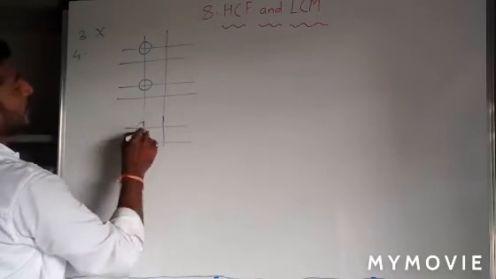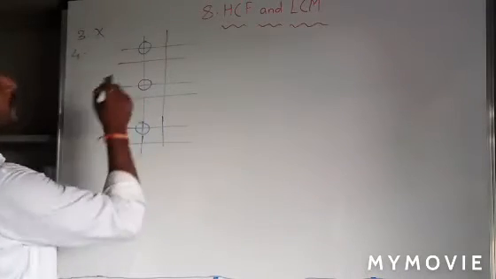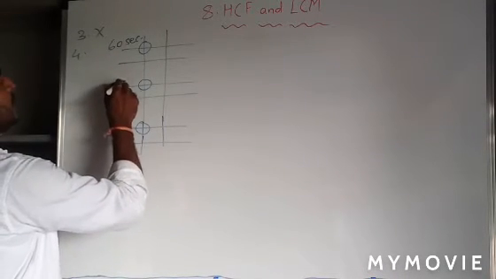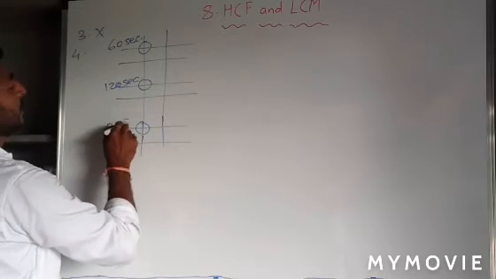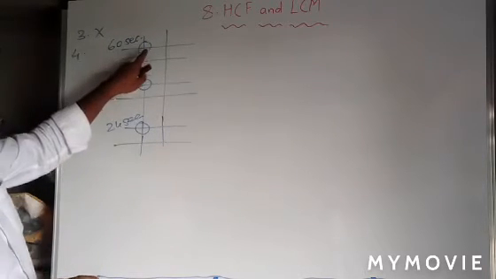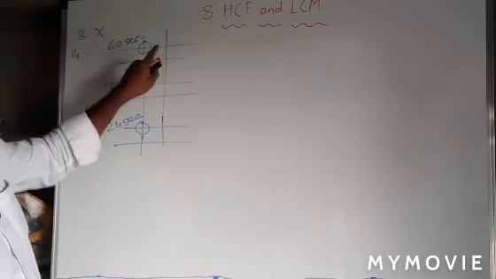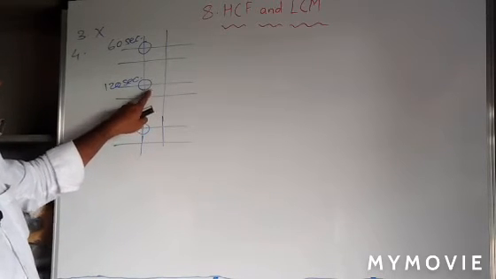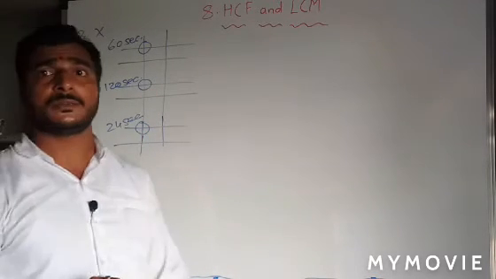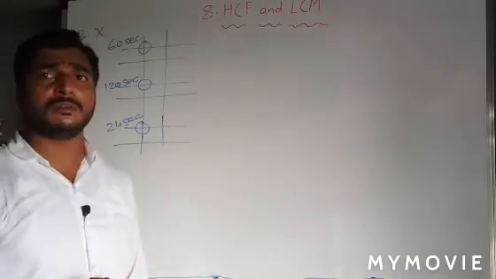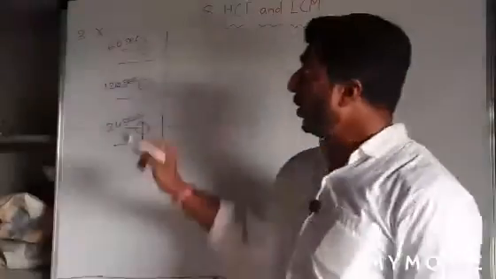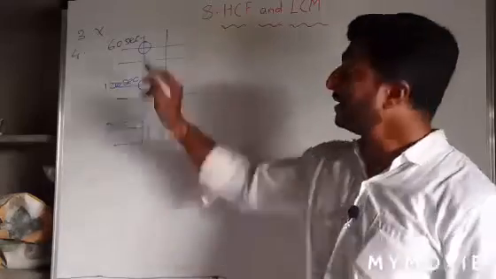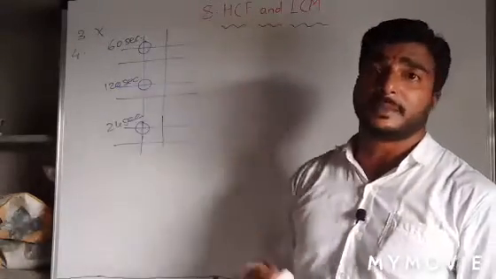Here is one signal, here is another and here is another. Now these signals turn green after every 60 seconds, 120 seconds and 24 seconds. That means this signal gets green after every 60 seconds, this signal after every 120 seconds and this one after every 24 seconds. So what is the question? You have to find out when all 3 signals will turn green simultaneously, that is, at the same time.